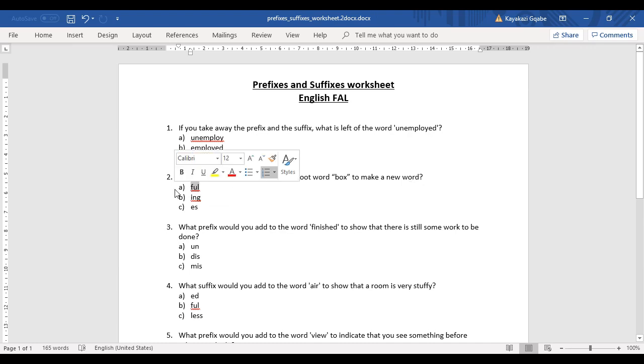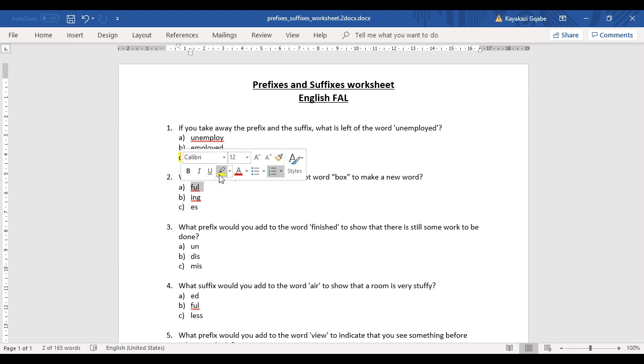So let's start with A. Is there such a thing as boxful? No. But do we have boxing? Absolutely. Do we have boxes? Absolutely. So the suffix that we would not add to make a new word would be full, okay?